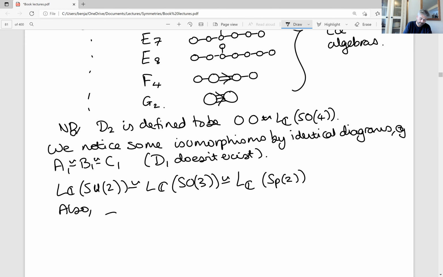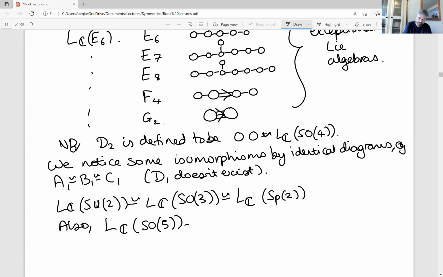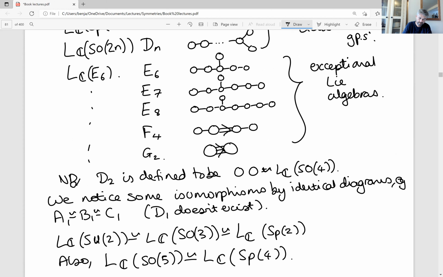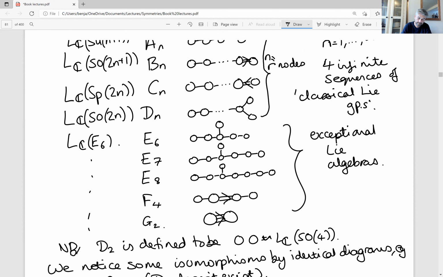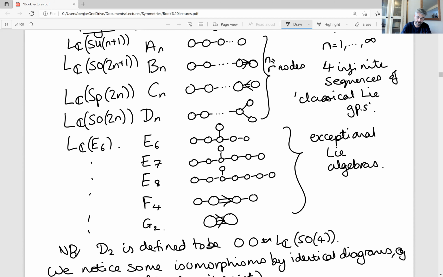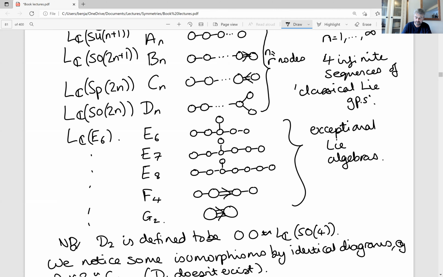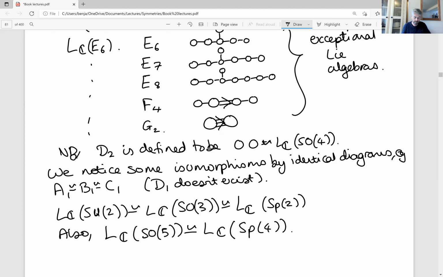The Lie algebra of SO(5) is isomorphic to the Lie algebra of Sp(4). If we only have two nodes here, then of course it's just by switching the two nodes that we get this isomorphism.